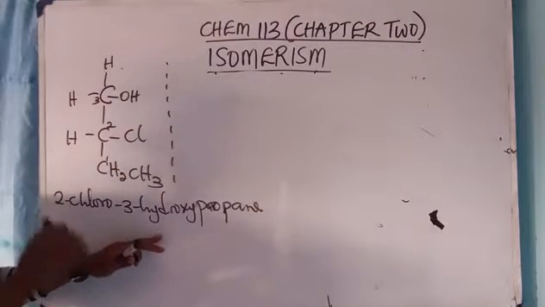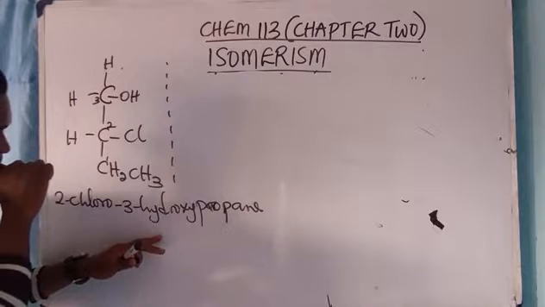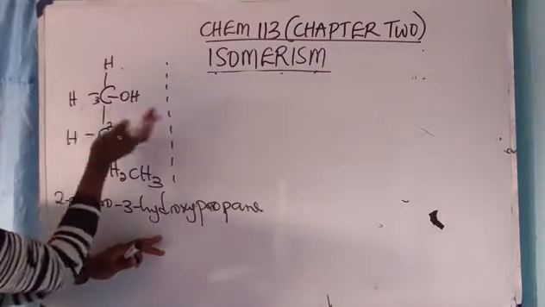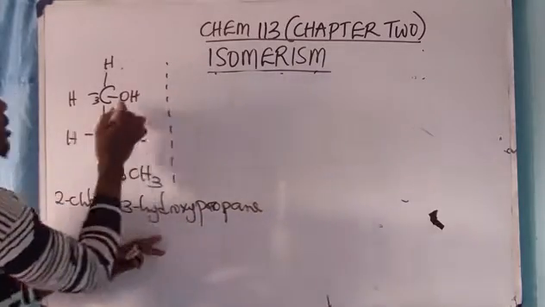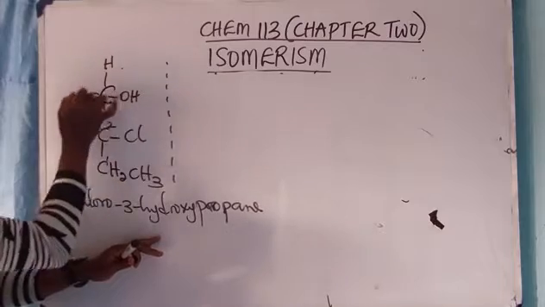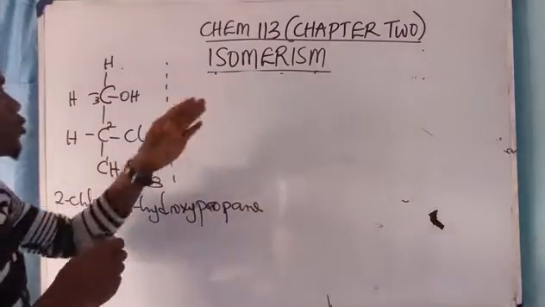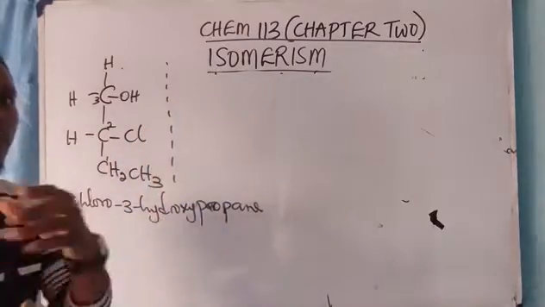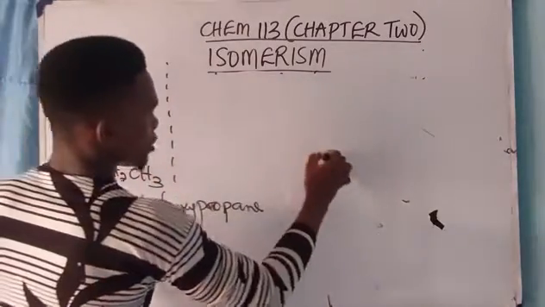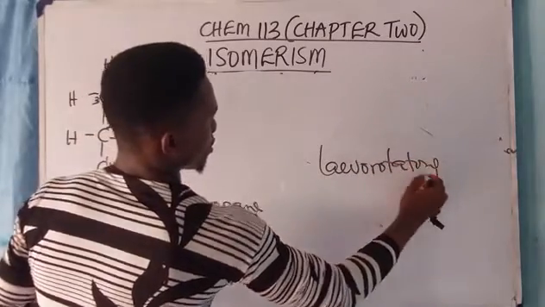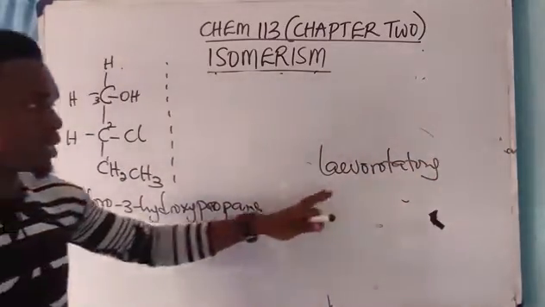Now it wants to rotate. It's about to rotate. In doing that, this OH will come this way. If a particular optical compound rotates to the left, it is called what? Levorotatory. If it rotates to the left, it is called levorotatory.